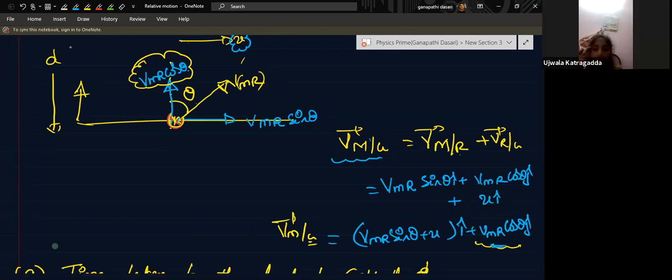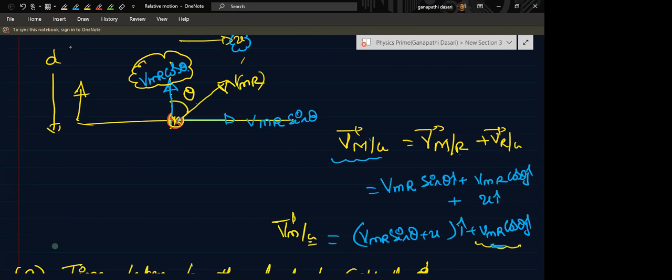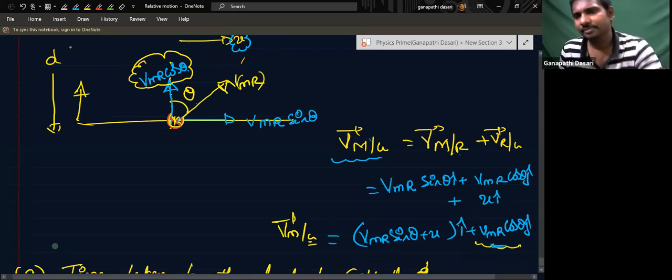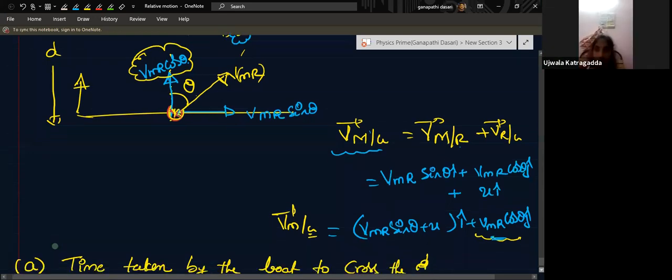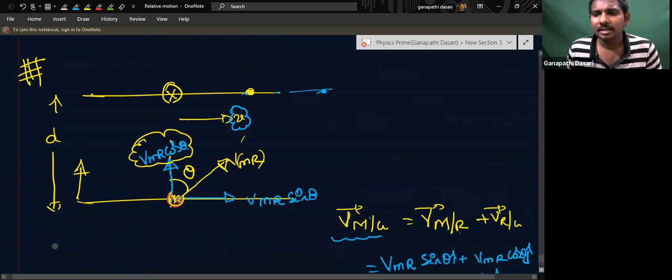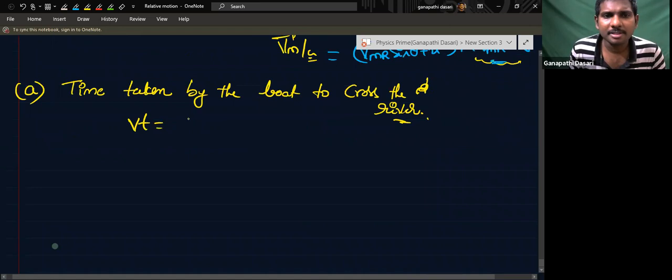For vertical displacement, we took the vertical velocity, the UY component. Here also, the horizontal component is VMR sin theta plus u and the vertical component is VMR cos theta. Now, time taken by the boat to cross means distance by velocity, because velocity into time is equal to distance.